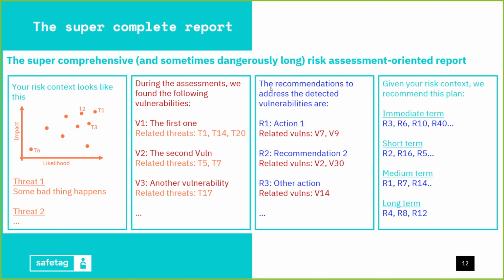Then we can jump to the recommendation side, and we can say, you know what, I recommend you to do these things. Recommendation one, do this action, and with this action you will be addressing this and this vulnerability, and so on.